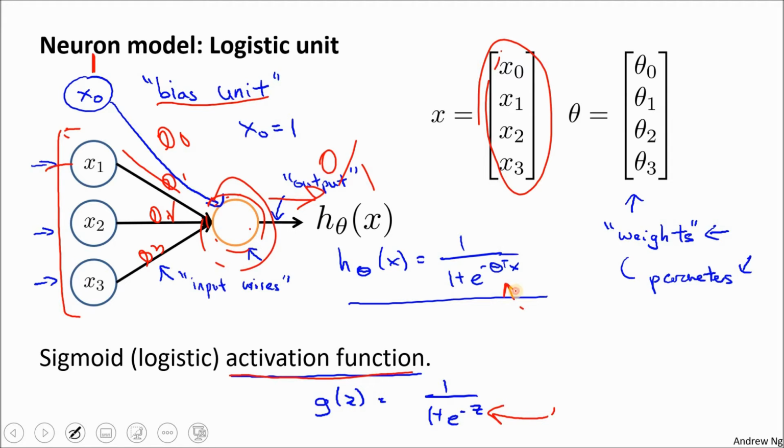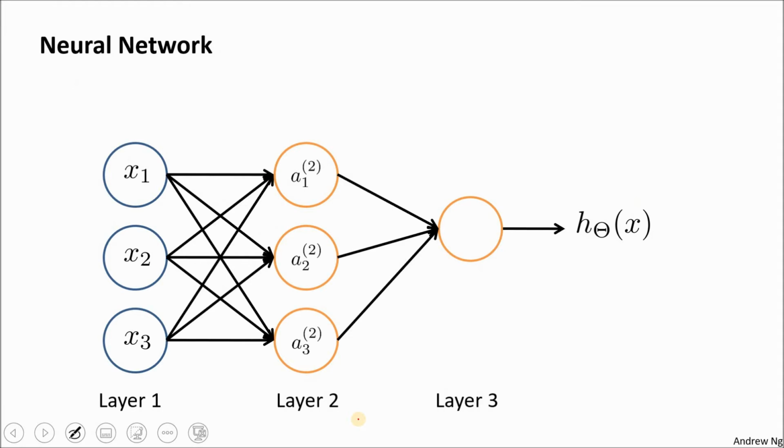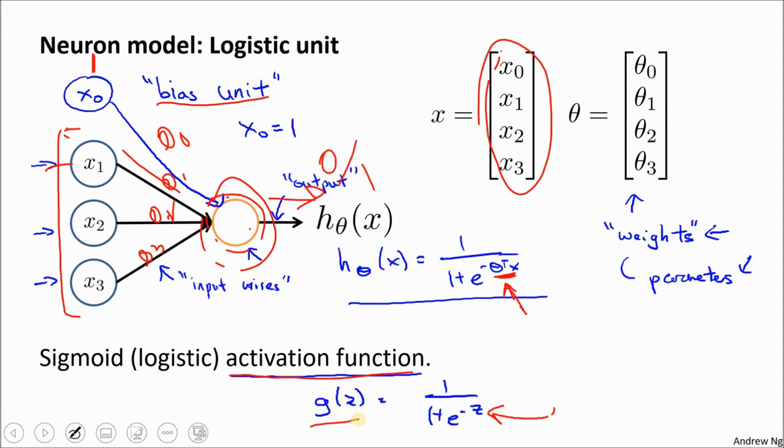So over here you see theta x is passed through this function to get our h value. So h is nothing but g of z, which is the sigmoid getting the value from x and theta. Overall, our theta values are our weights or parameters, and we do some sort of calculations. So this is the model of the simplest neuron model.